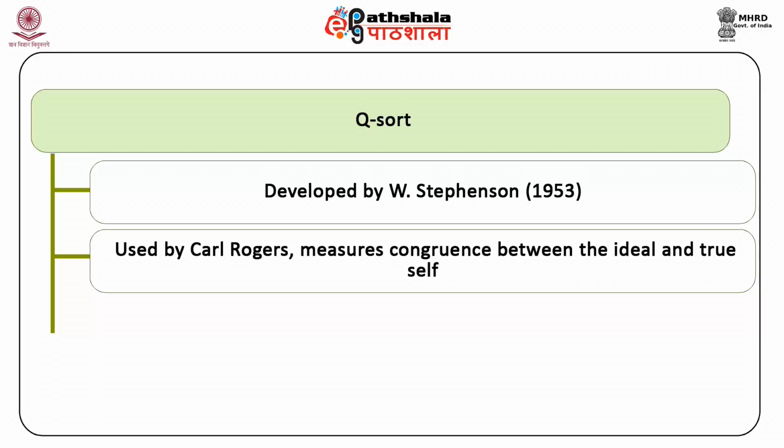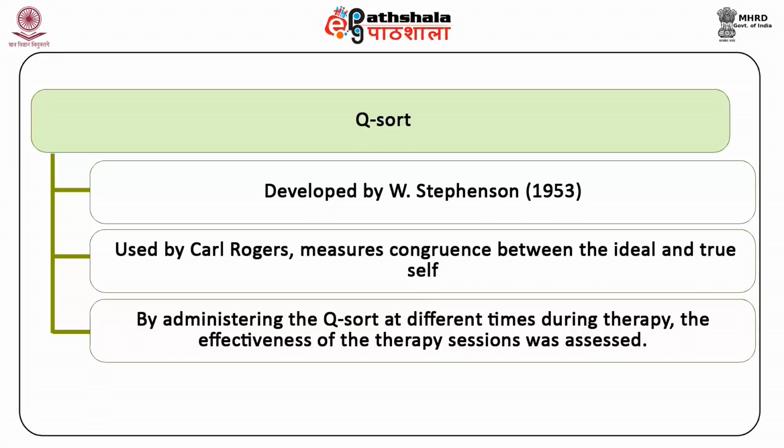From this, Rogers and Diamond formed a numerical discrepancy between real and ideal self. By administering the Q sort at different times during therapy, the effectiveness of the therapy sessions was assessed. It was done to combat critics who noted the humanistic approach was unscientific in nature as it could not be replicated.